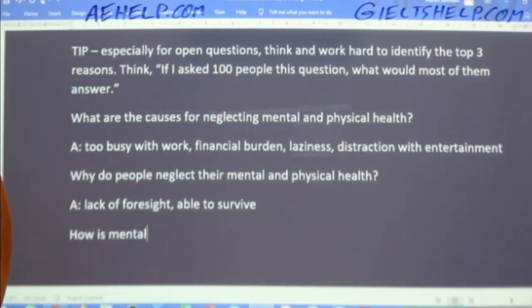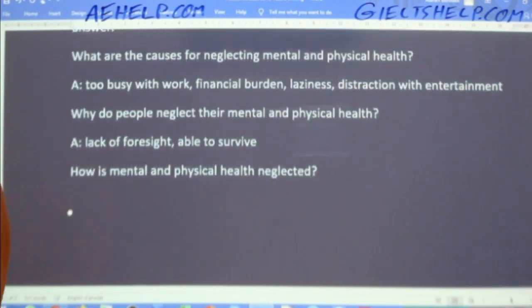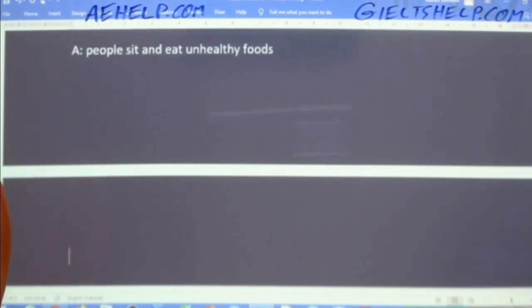So how is mental and physical health neglected? Okay, just some quick answers here so we move along. Okay, so people sit and eat unhealthy foods. And so that's for physical, of course.